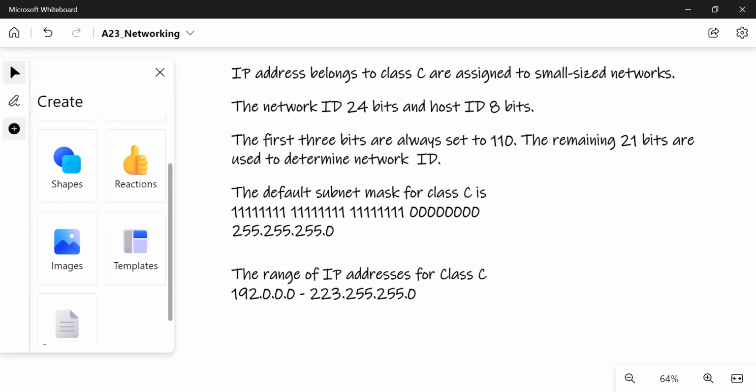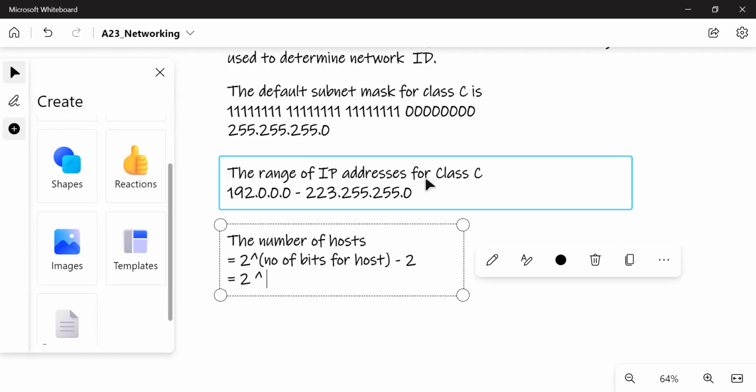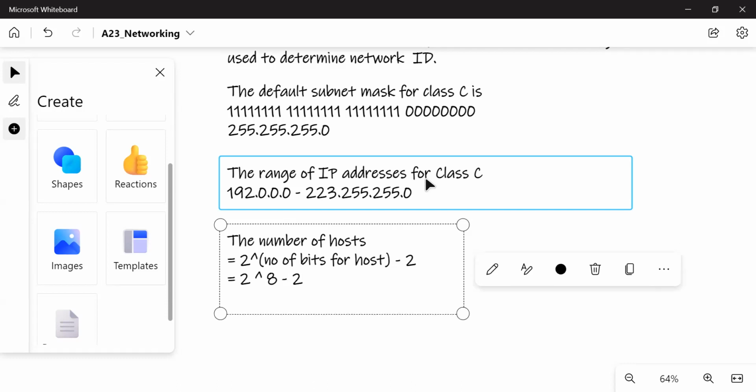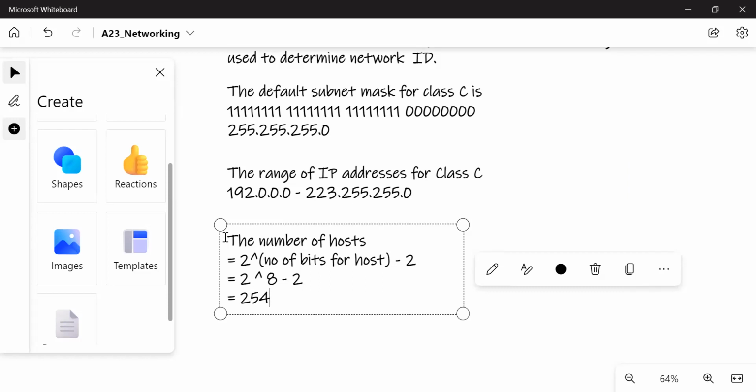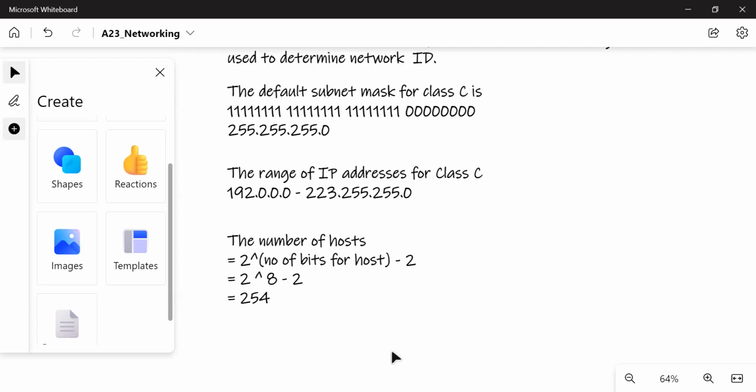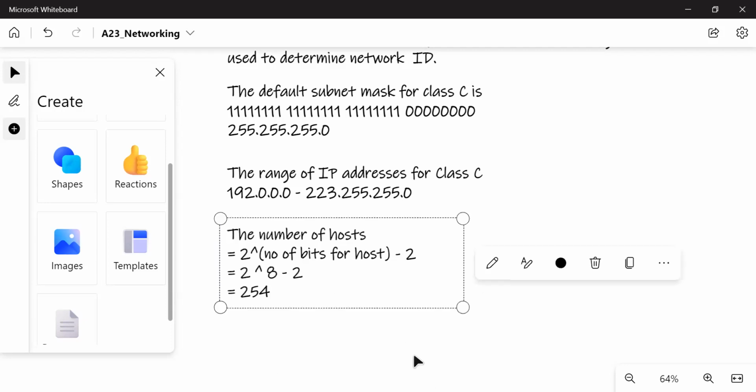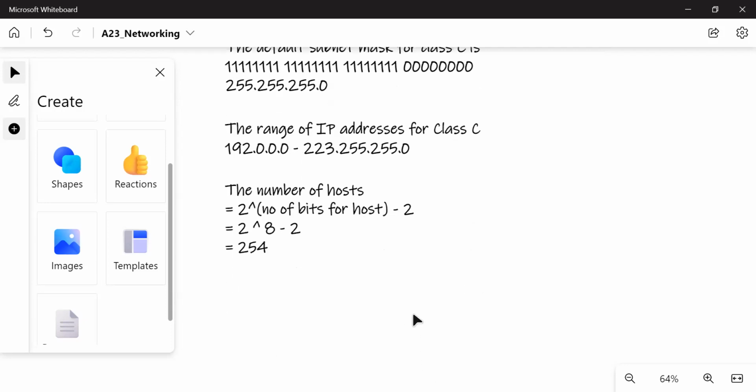Now, this time we know it's only 8 bits. So 2 to the power 8 is 256, subtract 2, which will give us 254 host addresses. So these are the number of hosts we can have.